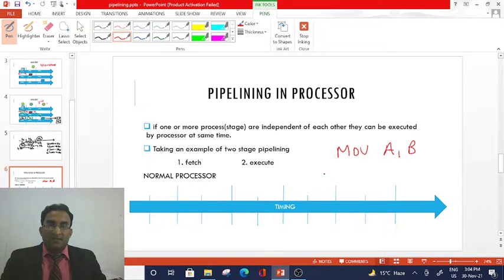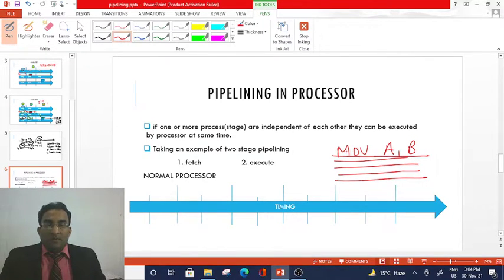Suppose we have a total of 5 instructions, a 5-line program. In a normal processor, the first instruction is first fetched and then executed.